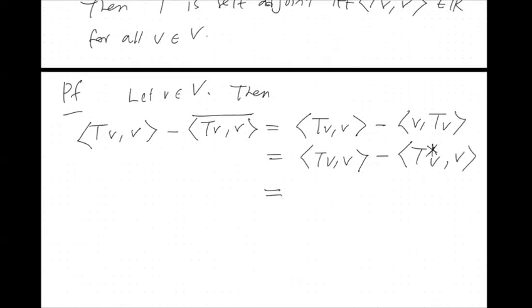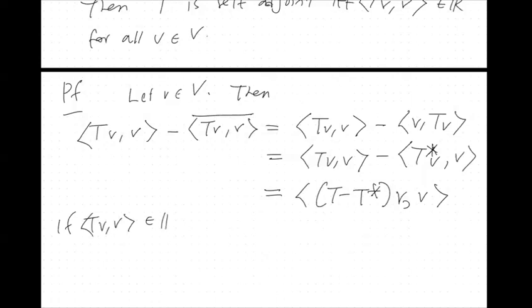This means that by a property of a linear operator, this is just (T minus T star) v, v. So if TV, V is in R for all V in V, then this part here is 0.